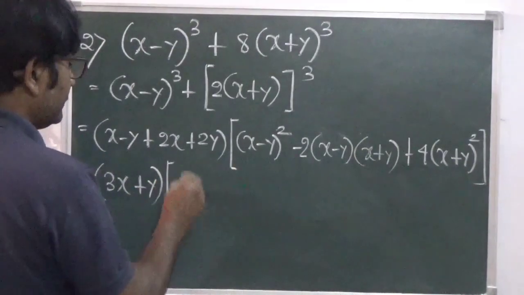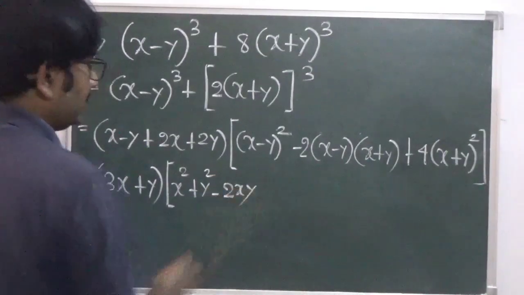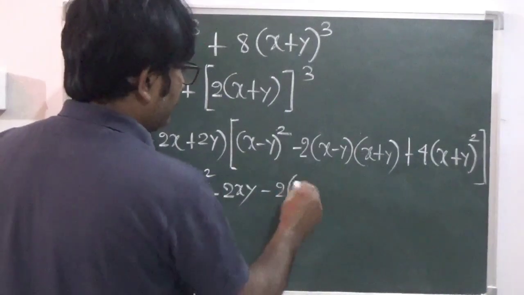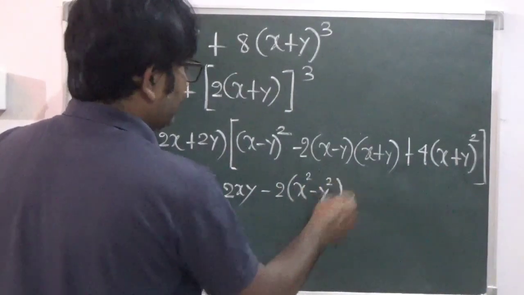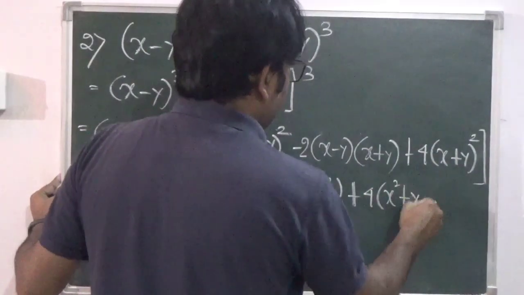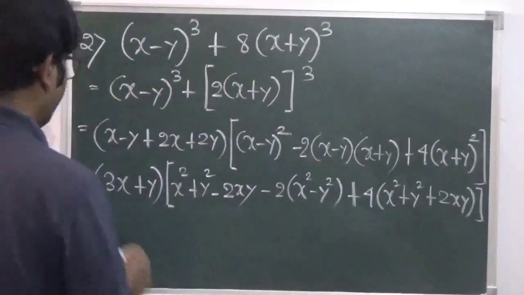This will write x square plus y square minus 2xy. This is minus 2 of (x square minus y square) plus 4 of (x square plus y square) plus 2xy.